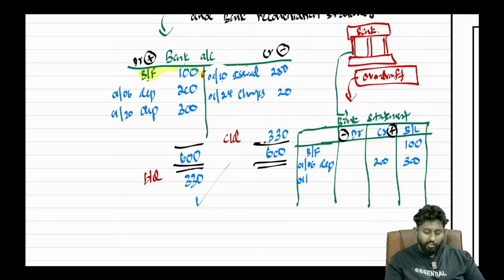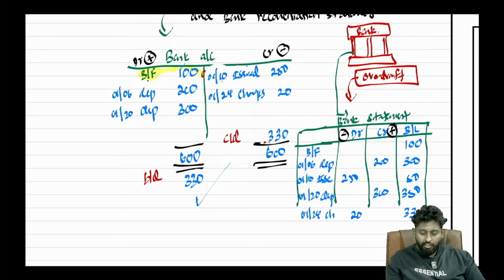On 1/10 there was a check issue of 250, and now they say your balance is 50. Then on 1/20 there is a deposit of 300 and they update the balance to 350. And on 1/24 the charges, they minus 20 and update it as 330.